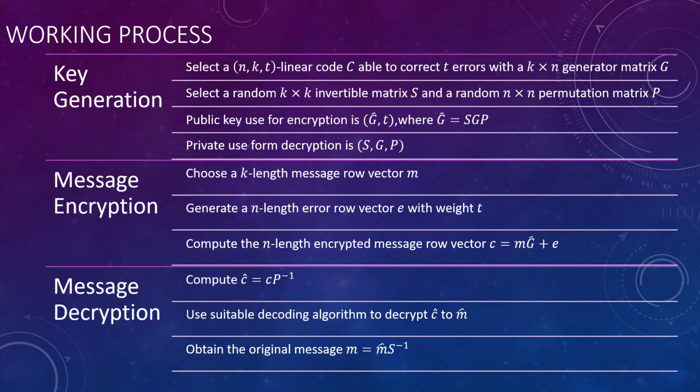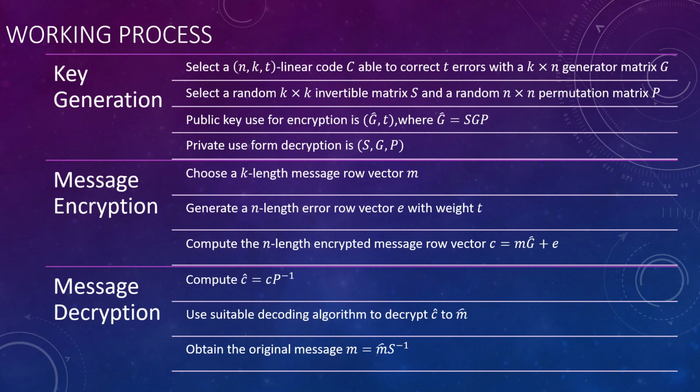Okay, so when it comes to message encryption, we first need to choose a k-length message row vector M. To generate the code word, we multiply the message row vector M by the G hat matrix, like we talked about before in the public key.